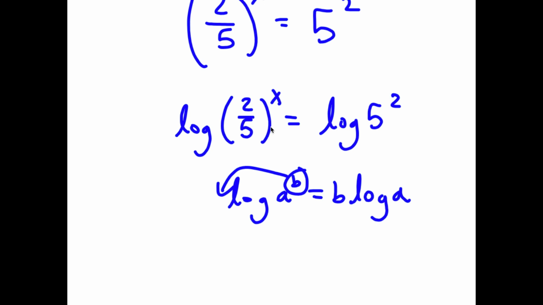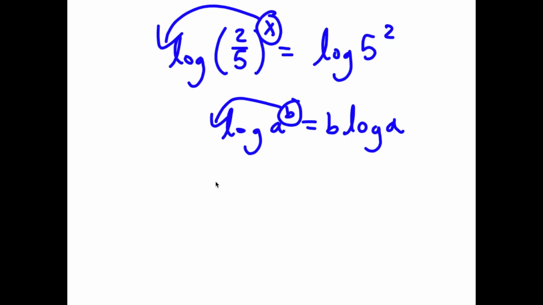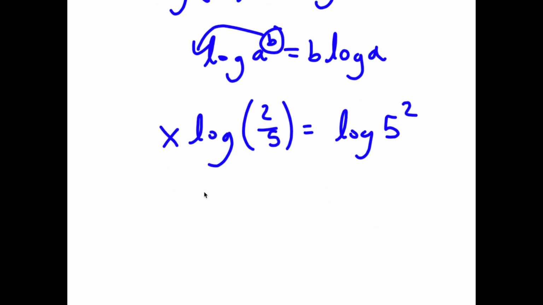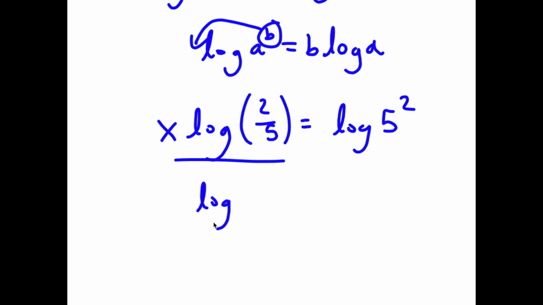So for log of 2 over 5 to the power of x, I can move x to the front. And now I'm going to have x times log of 2 over 5 is equal to log of 5 squared.